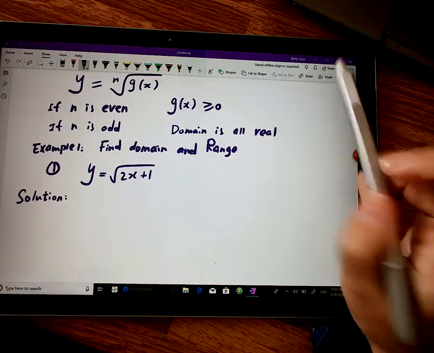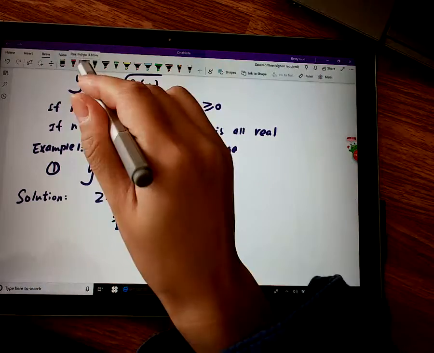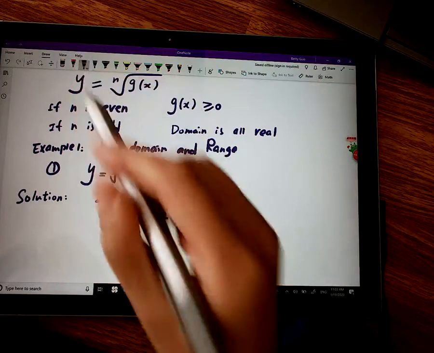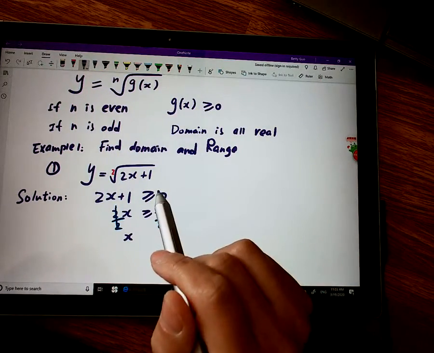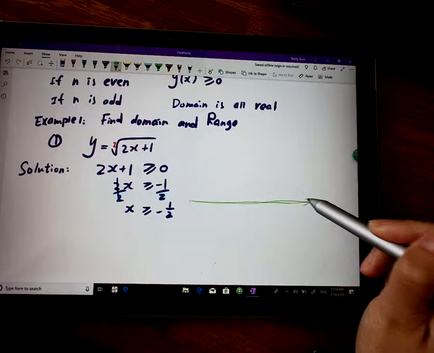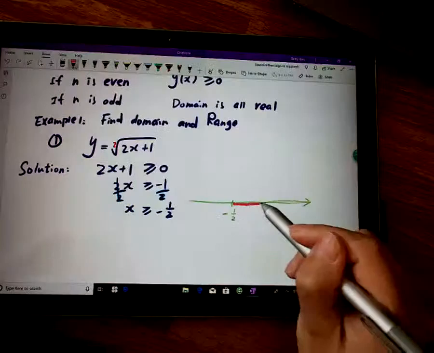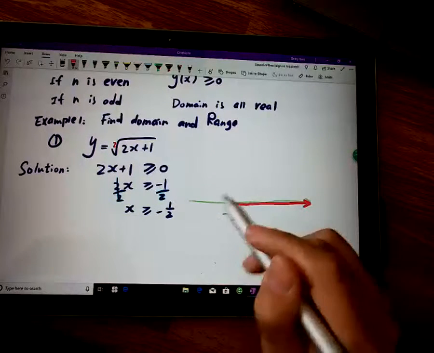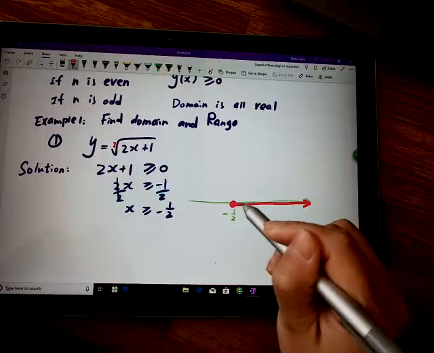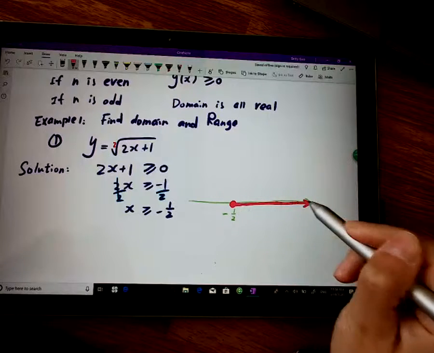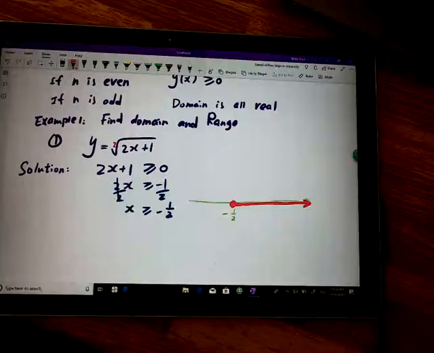What did we just say? If anything here is not clear, here is a real number line. Let's say negative half is right here. Numbers to the right of that number, bigger than or equal to, so including the point negative half. That is one piece.